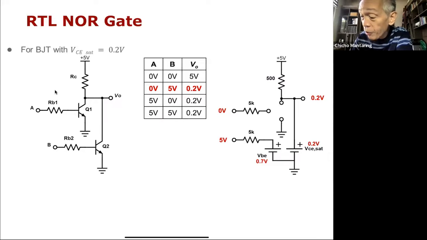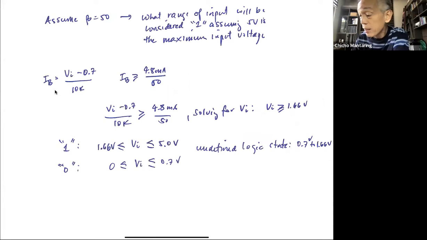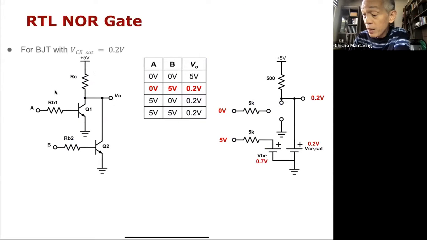Now, if any of the inputs here is a logic level 1, now here, in this example, it's 5 volts, but it doesn't have to be 5 volts, no? Like here, we said it can be as low as 1.66. No, in this particular case, it will not be as low as 1.66.